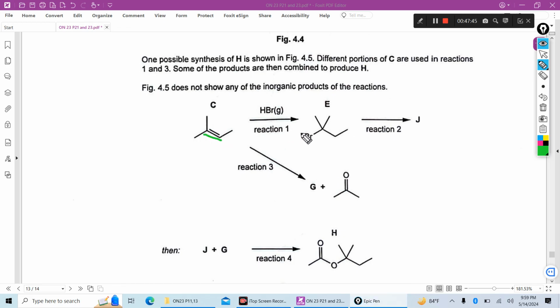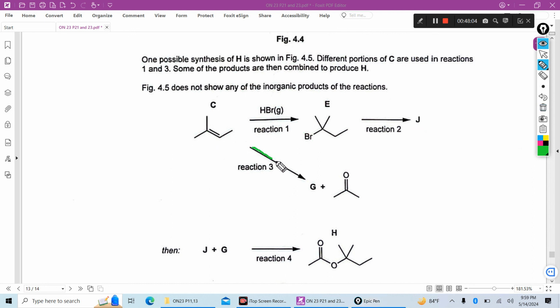You see, the alkene reacts with hydrogen bromide to give a bromoalkane. This hydrogen is added to this carbon and bromine is here. Then in reaction 2, J is produced, so haloalkane to alcohol is formed.